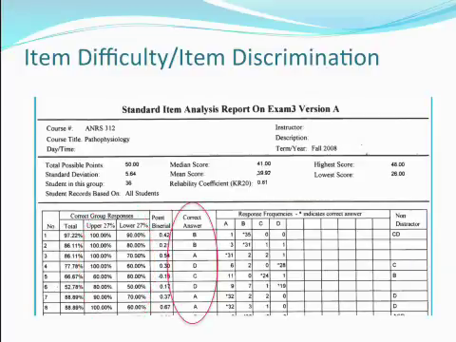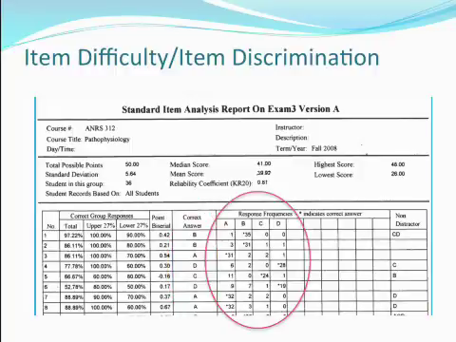We're going to skip over point biserial for a minute and go to correct answer. This column simply states the correct answer based on the answer key that you keyed in. So you have to double check your exam key to make certain these letters are correct when you do your analysis.